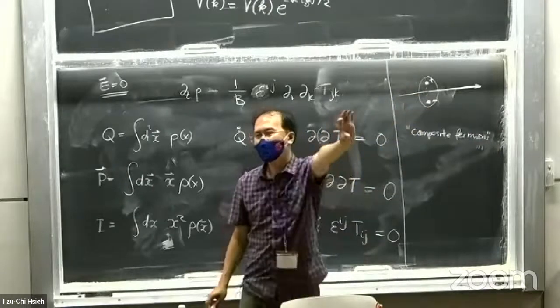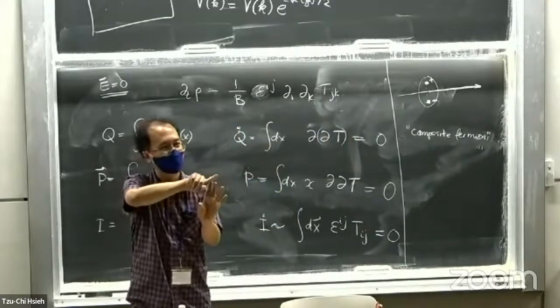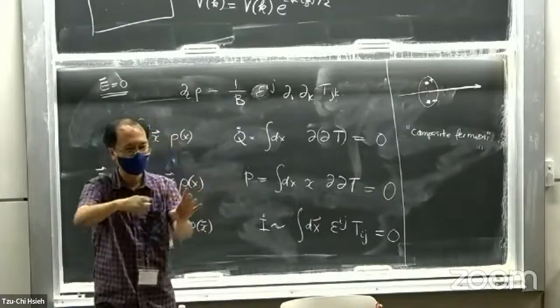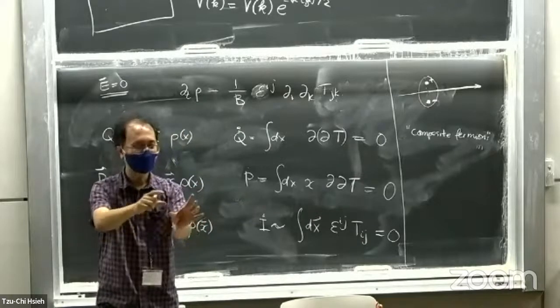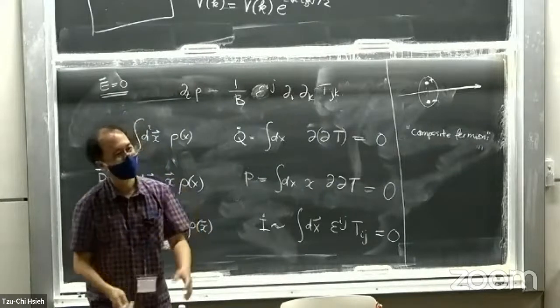The momentum of the composite fermion is always perpendicular to the dipole moment. And this dipole moment cannot change. Only when you scatter two of these objects can you change the dipole moment, with the total dipole moment conserved.